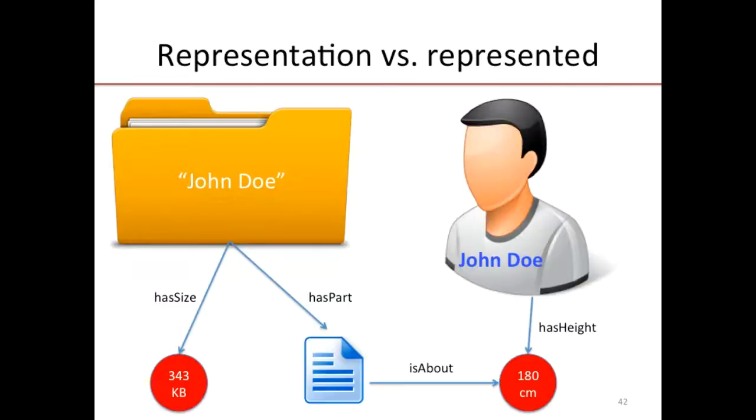It has a part that's a document that is about 180 centimeters, and that's the height of the person the electronic medical record is about. So the electronic medical record does not have the height 180 centimeters. That's nonsense. Electronic medical records don't have height. And the electronic medical record also does not suffer from Crohn's disease. Trust me, it's fine.